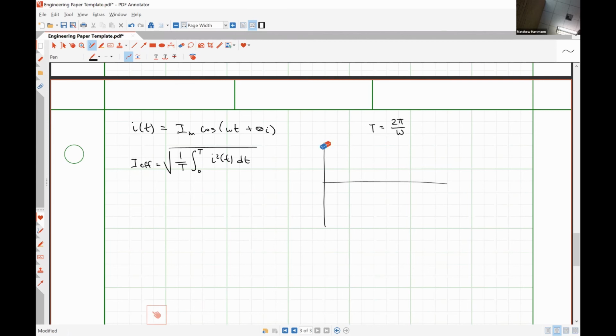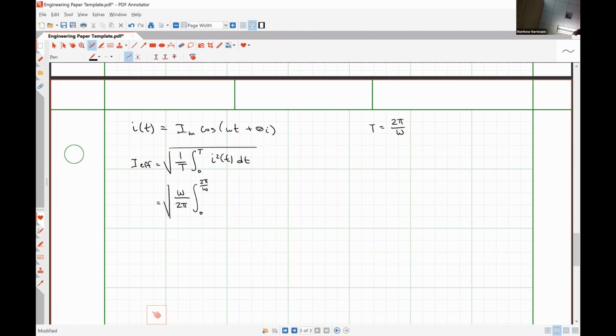I actually agree with that, so I won't need to draw out our picture so we can figure things out. Great, thank you, Sadie. So from this, we can simply substitute things in. So 1 over T is going to look like omega over 2 pi, integral from 0 to 2 pi over omega.